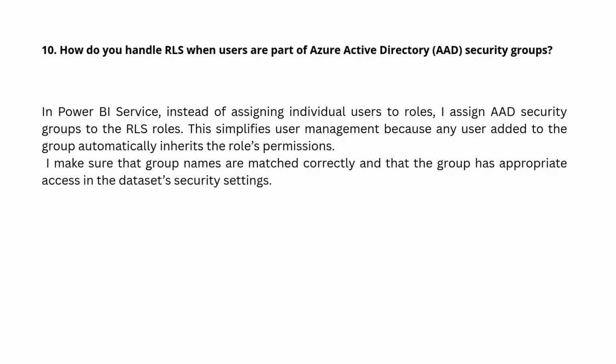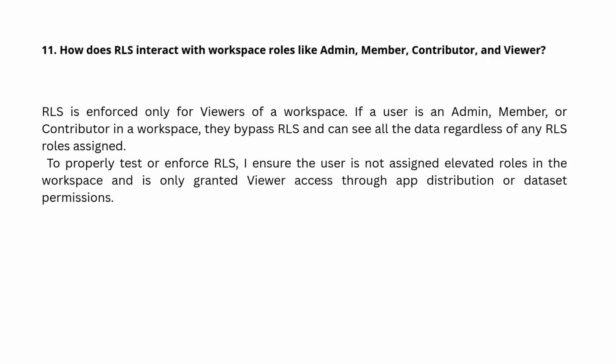It simplifies user management because any user added to the group will automatically inherit the role's permission. We have to take care that the group names are mapped correctly and that the group has appropriate access in the dataset security settings.